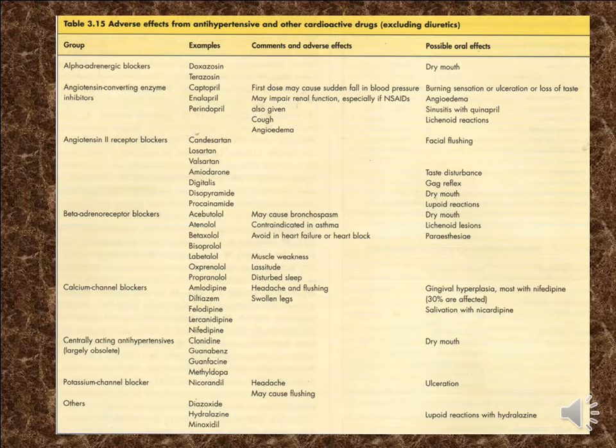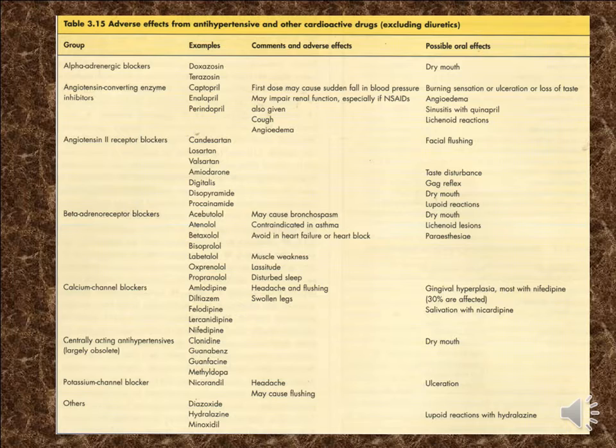Angiotensin converting enzyme inhibitors such as captopril and enalapril: the first dose may cause a sudden fall in blood pressure, and the oral side effects are burning sensation or ulceration, loss of taste, angioedema, and sinusitis, with quinapril and lidocaine reaction.